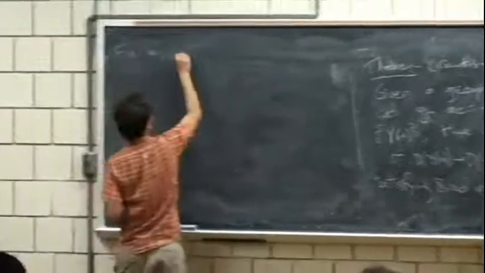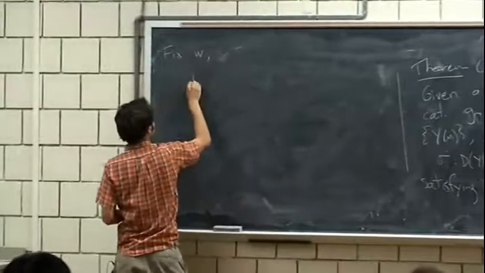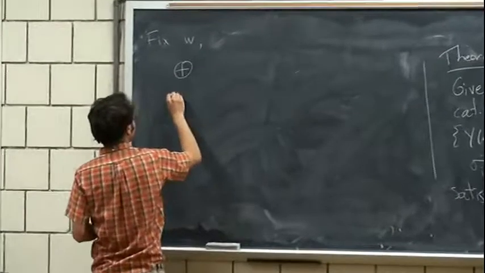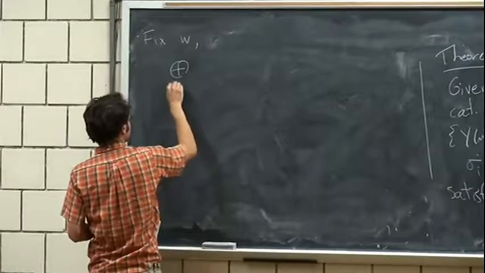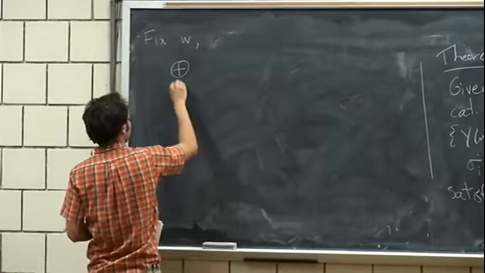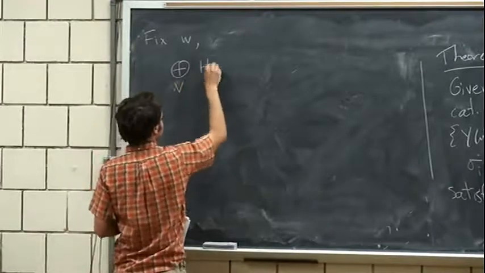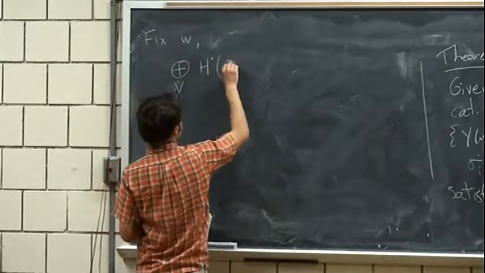Let's fix the W sequence and allow the V's to vary. Then we can take the direct sum over all V's, and let's consider the cohomology of these varieties.